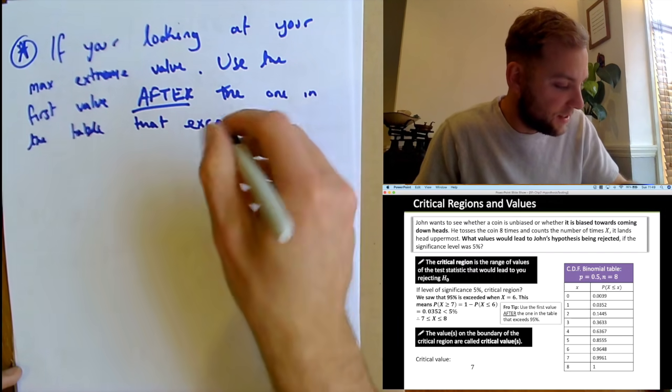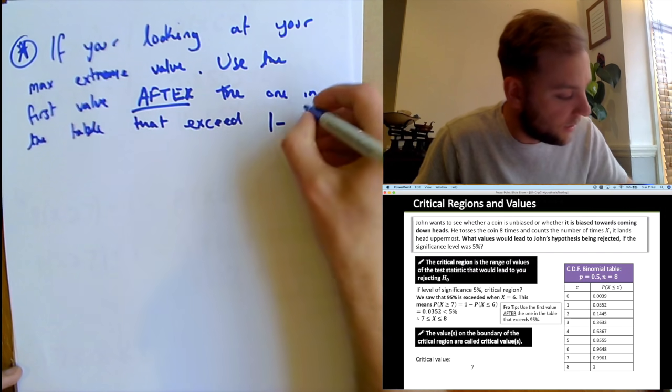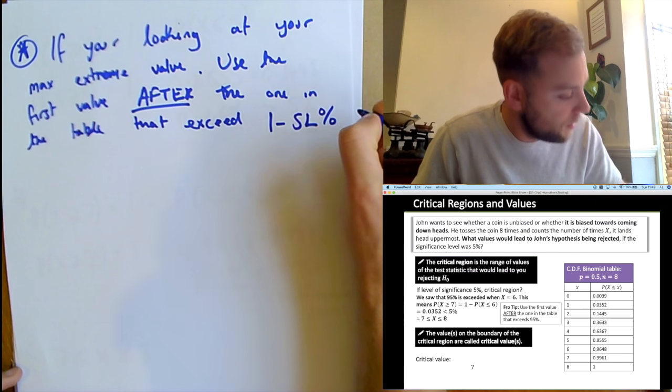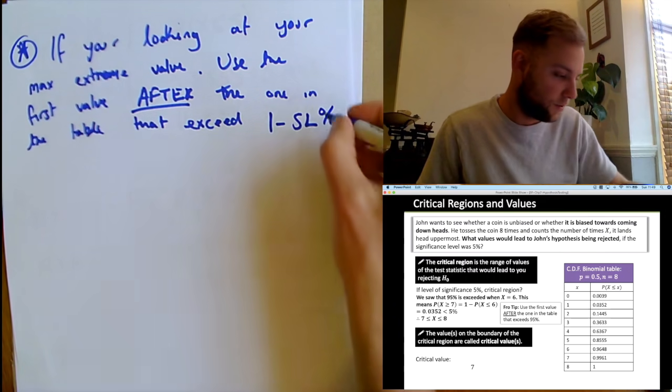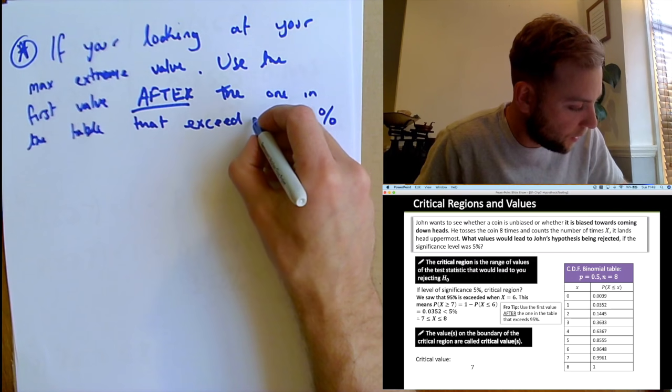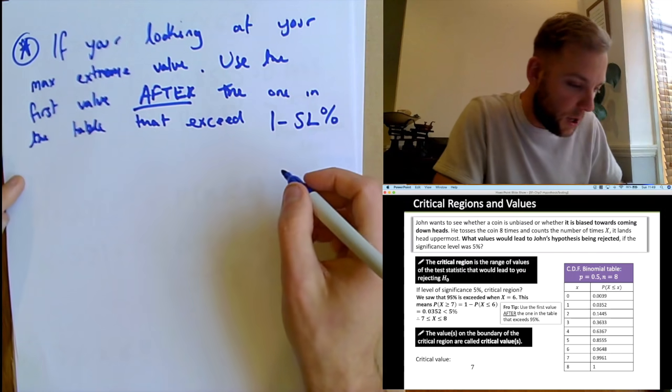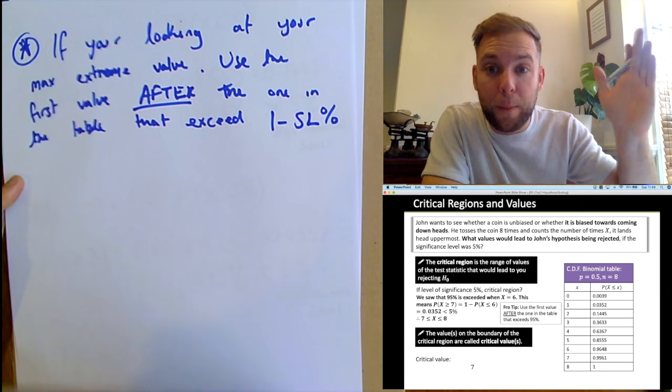Now I'm going to change that, instead of 95%, to say 1 minus your significance level, or 100% minus that, okay? I probably should have put percentage there. So maybe 100%, 1 minus your significance level as a percentage. Does that make sense? So that's if we're looking at the top end.